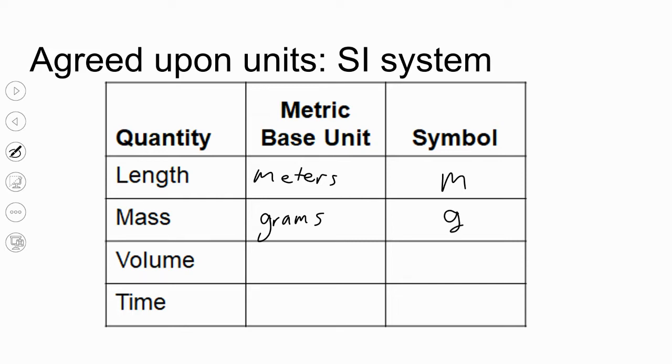How about volume? Centimeters cubed is one. The metric base unit for volume is going to be liters. Liters. Let's use a big L. And we can write that one down too. We can also use centimeters cubed. Good.